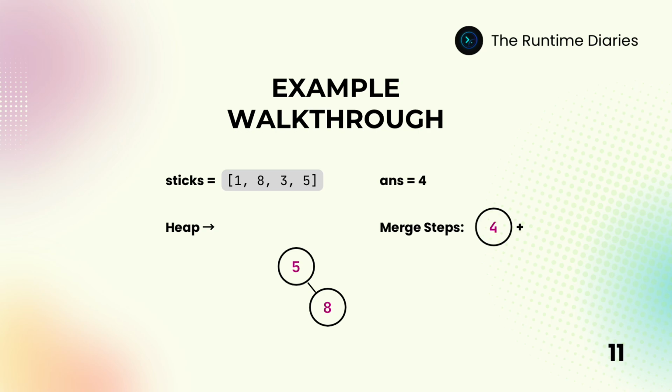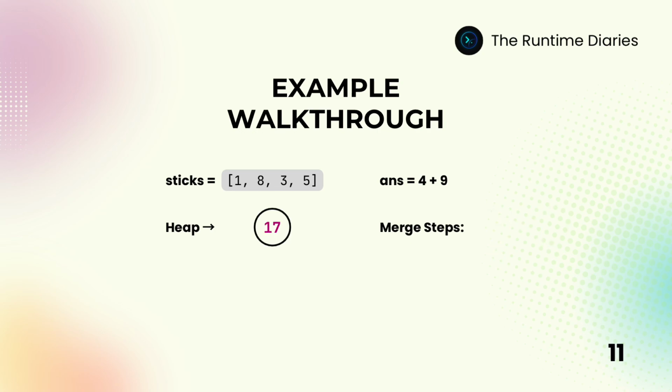Merge 4 plus 5 equals 9. Heap becomes 8, 9. Merge 8 plus 9 equals 17. Heap becomes 17. The total cost equals 4 plus 9 plus 17, which equals 30. Notice how every merge is using the smallest available pair.